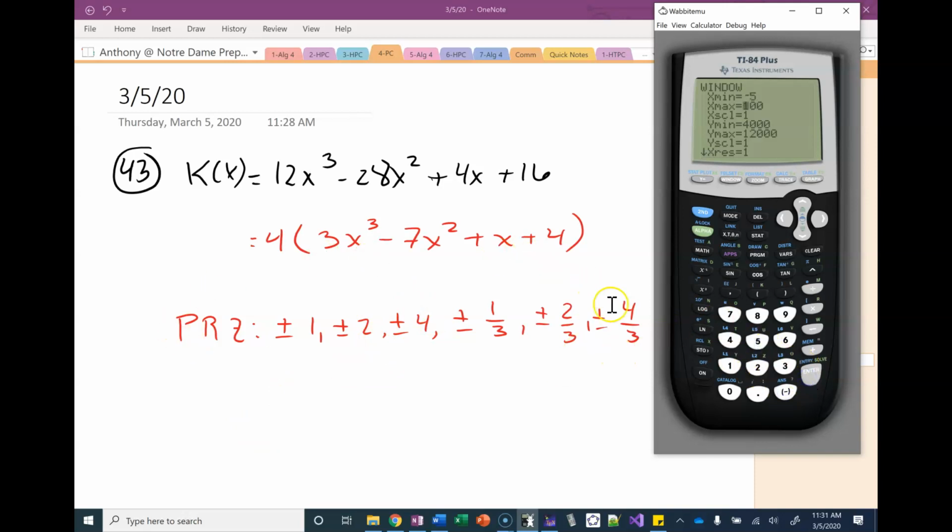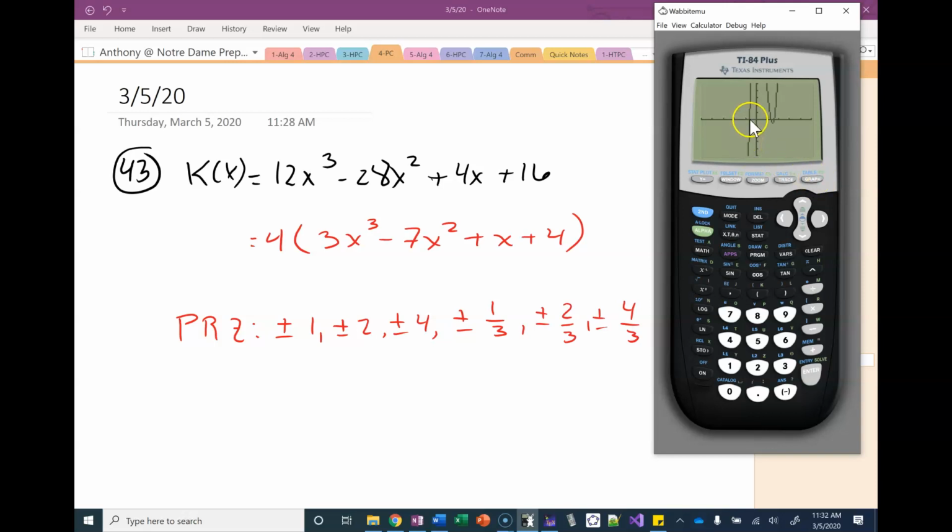The biggest number on this list is +4, so I'll use +5 for the x max. And for the y min and y max, I just need something that's negative and positive, because all I really care about is where the graph is crossing the x-axis. So -5 and +5 look good to me, just for symmetry's sake.